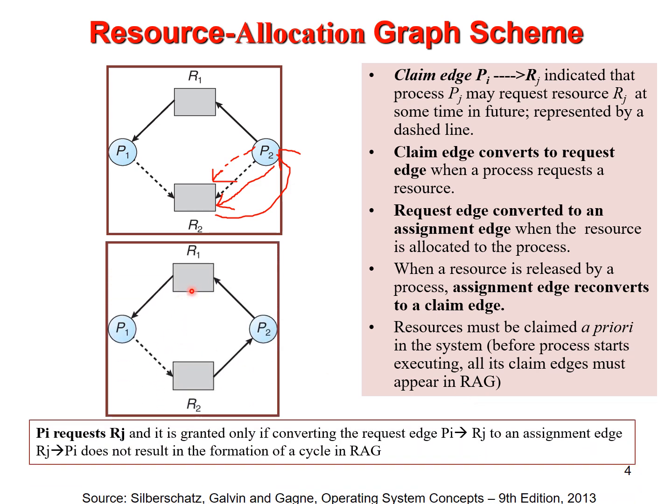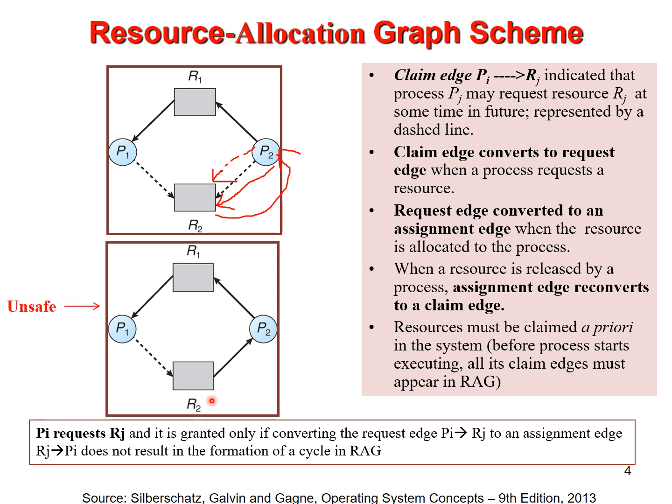In this resource allocation graph, Pi is requesting Rj, for example, and it is granted only if converting that request edge Pi to Rj to an assignment edge Rj to Pi does not result in the formation of a cycle in the resource allocation graph. So assume Pi is making a request to the resource, and we will grant it only if that particular request edge will not form a cycle upon converting it to an assignment edge.